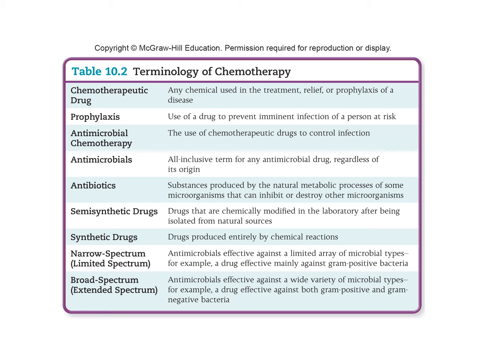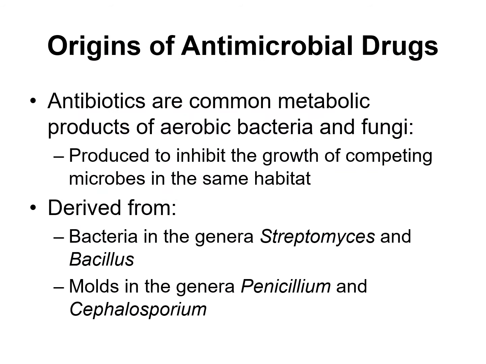Broad spectrum, versus that, is an extended spectrum. It can go against a huge variety of different microbes: gram-negative, gram-positive, and others, like the heat-resistant ones, such as Mycobacterium tuberculosis. It's just broad spectrum. It can go against a lot of different things.